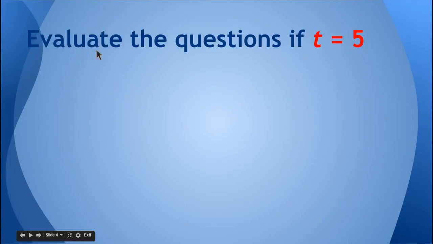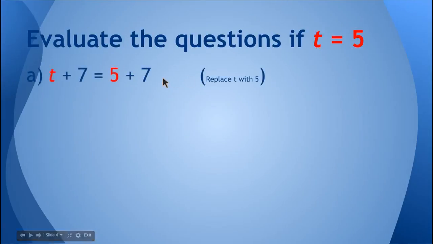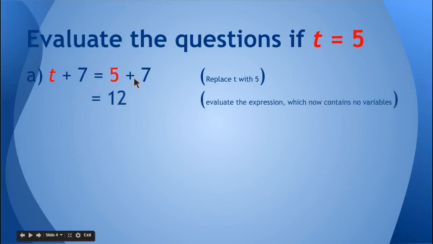So if we're evaluating expressions for the value when t is equal to 5, we'll go through a few examples here. t plus 7 becomes 5 plus 7, so we replace the t with a 5. Once we've replaced it, we evaluate and get 12.